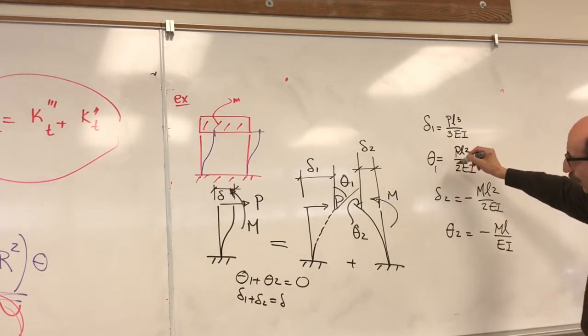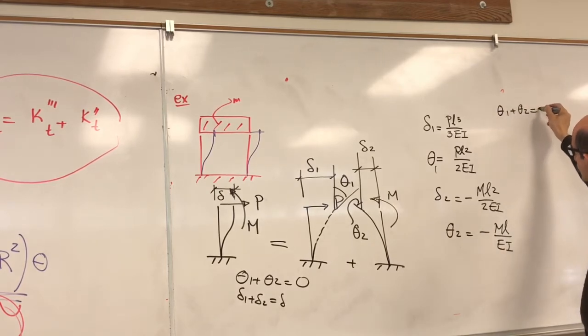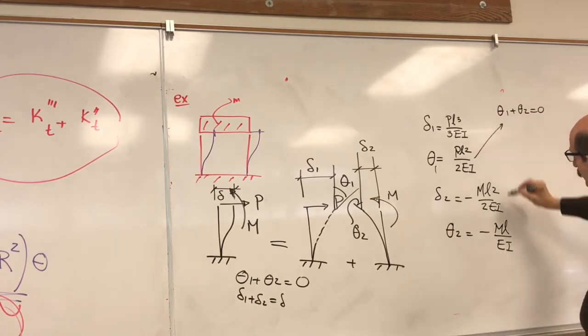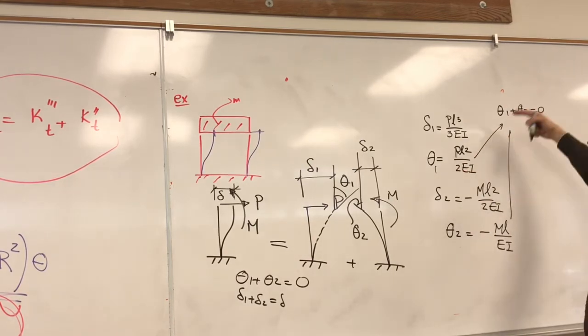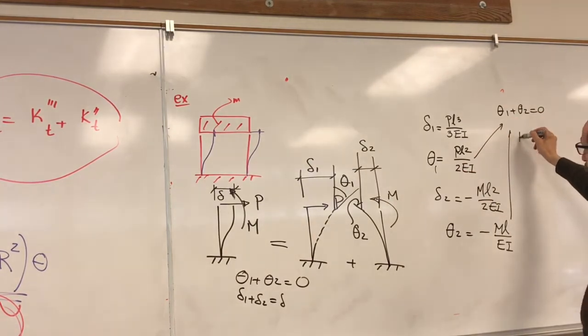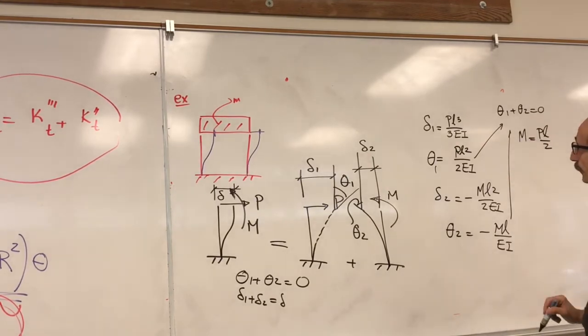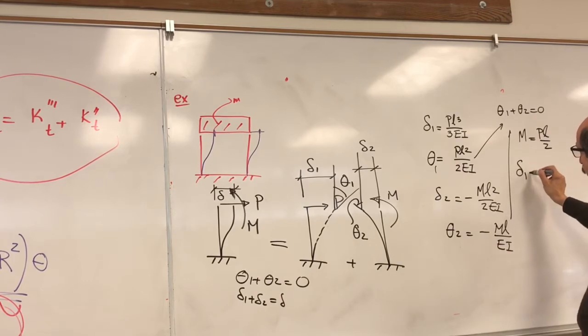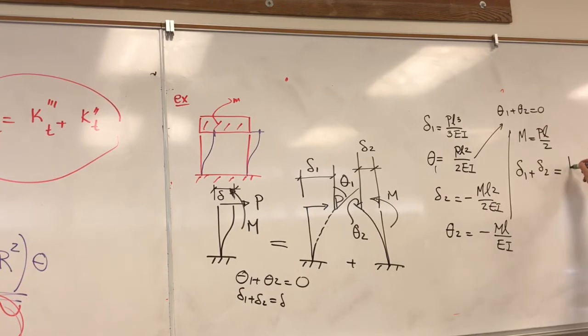Knowing that theta 1 plus theta 2 is equal to 0, if you substitute those into this equation and equate that to 0, you will see that M comes out to be PL over 2.